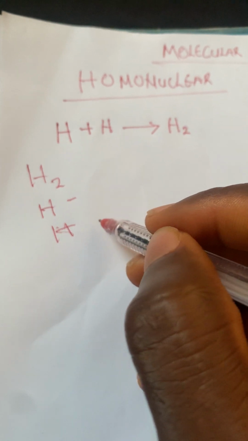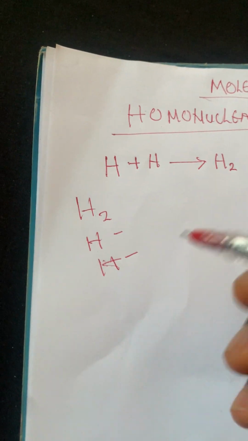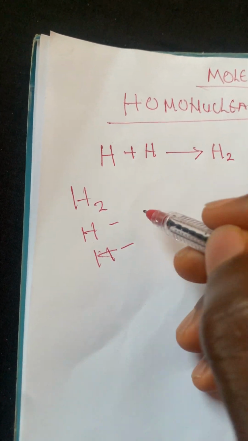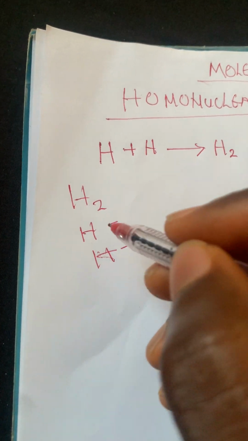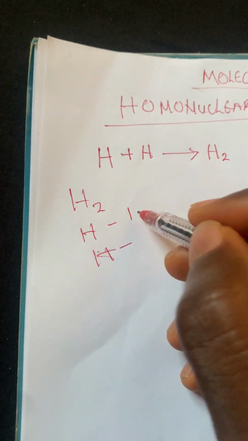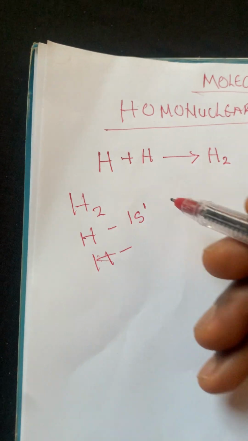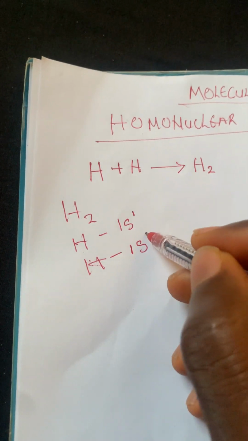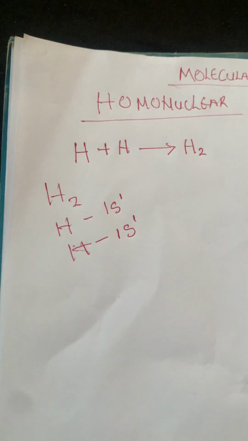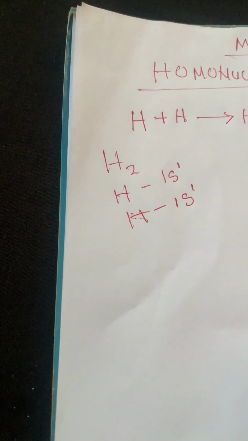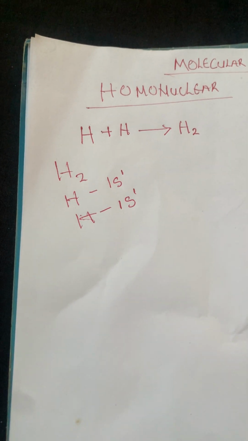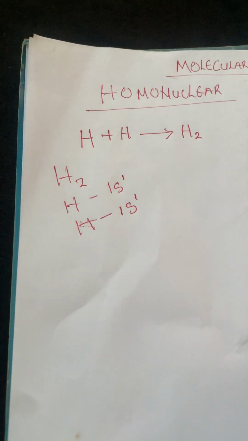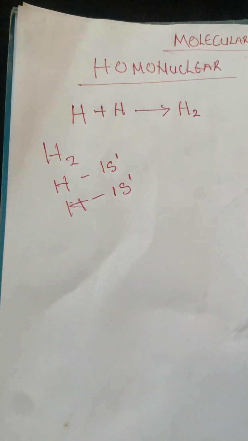After that, you write the electronic configuration for it. You know that hydrogen is number 1, so that should be 1s1 for the first one, and the second one will be 1s1 as well. Then you go and draw the molecular orbital diagram for the hydrogen molecule.